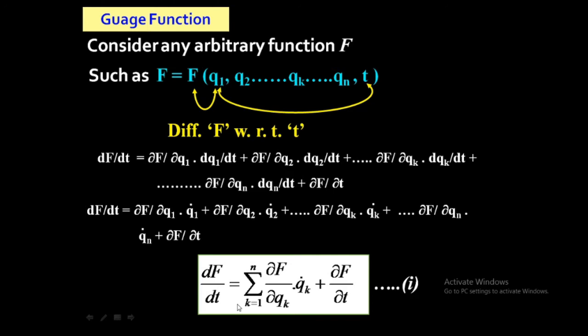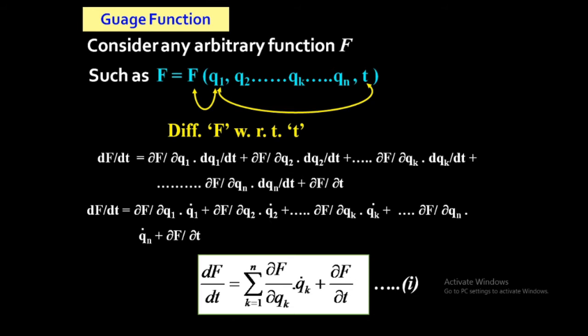Now initially we have considered f as an arbitrary function and its derivative comes as this, equation number 1. Suppose I add this function to the Lagrangian. What is the Lagrangian function?